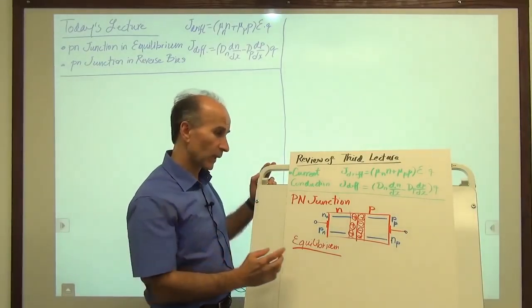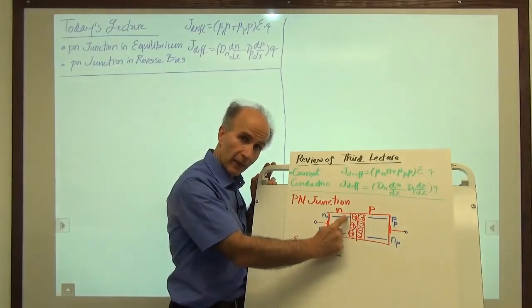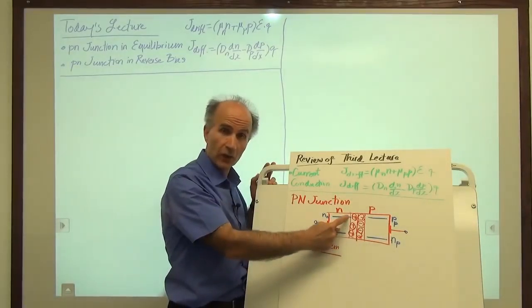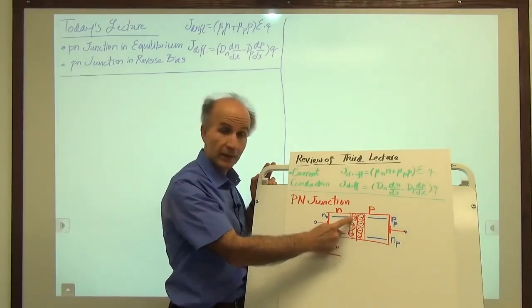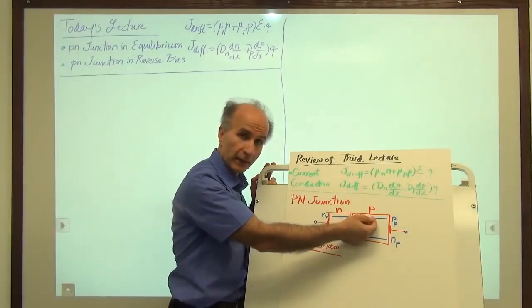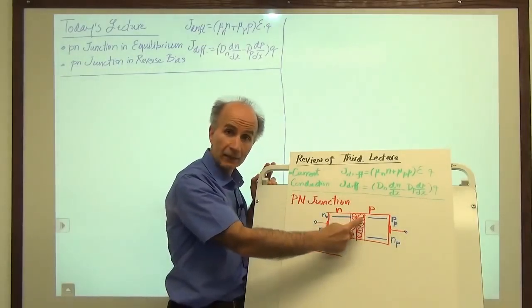And we decided that, well, every time we take an electron out of the N side and move it to the P side, we leave behind positive charge in the form of a positive ion. So that is a positive ion. And every time we take a hole out of the right side and move it to the left side, we leave behind a negative ion.